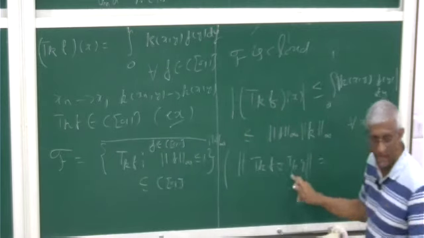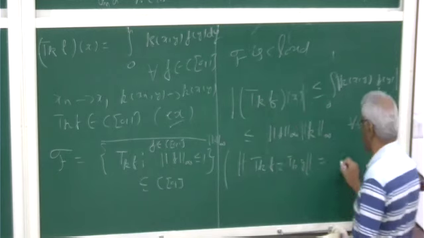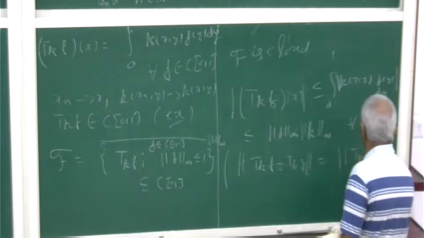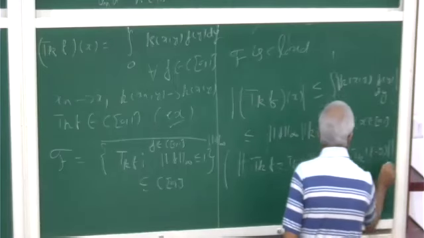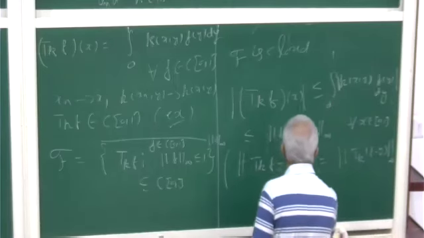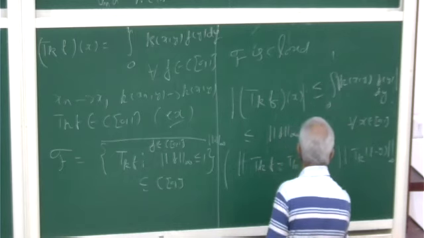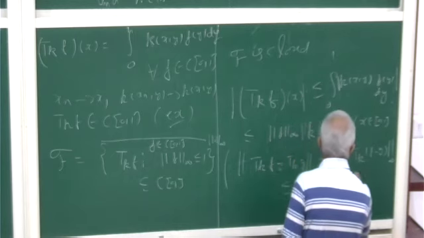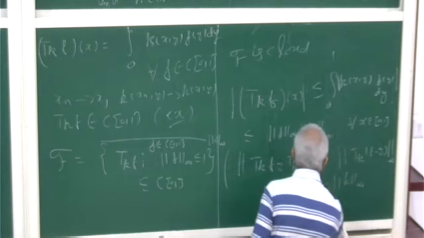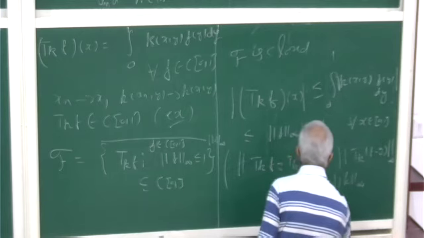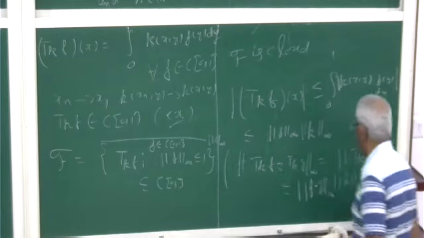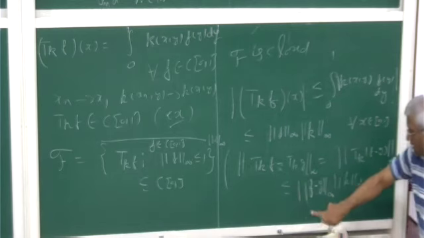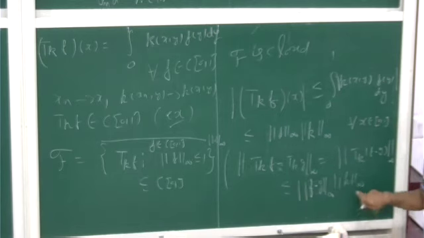You can see that it's linear because it's an integral. So it is equal to TK of (f minus g). This norm infinity is less than or equal to norm f infinity times norm k infinity. Sorry, here it is norm of f minus g infinity. So TKF minus TKG is less than norm of f minus g infinity times norm k infinity, some constant.